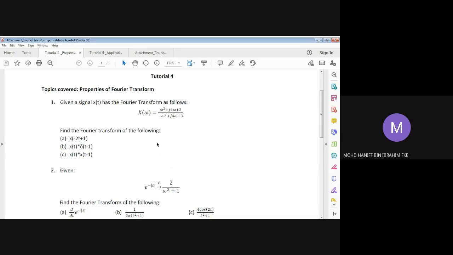So the question asks, if you are given the Fourier transform of the xt, which is given by this X omega, what should be the Fourier transform for this xt or these functions? Okay. All right. So if you base on these questions, I think it's quite straightforward.